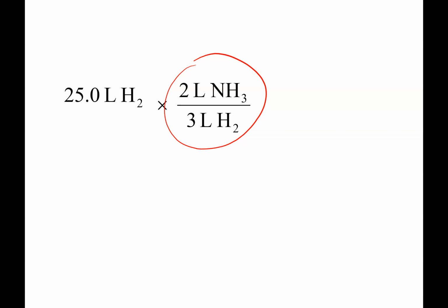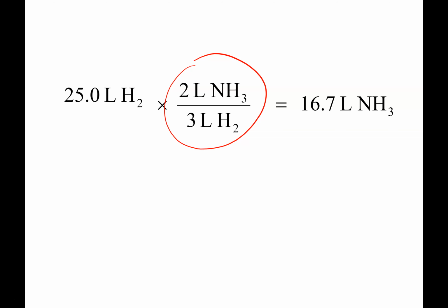Relative volumes are related to moles as long as pressure and temperature are the same. Liters of H2 will cancel. I can do that math in my head. No, I can't. I was thinking the units cancel, but the numbers don't cancel. I would use a calculator for that. So units of liters of H2 cancel, we're left with liters of NH3. Rounding to 3 significant figures, we get 16.7 liters of NH3.